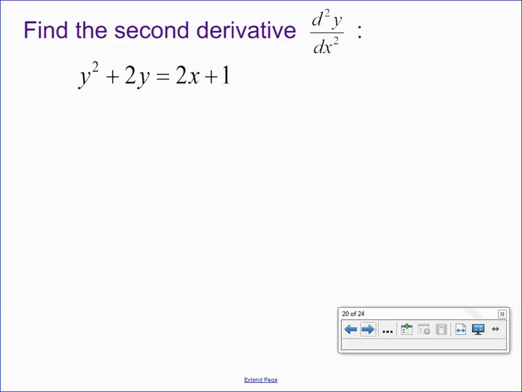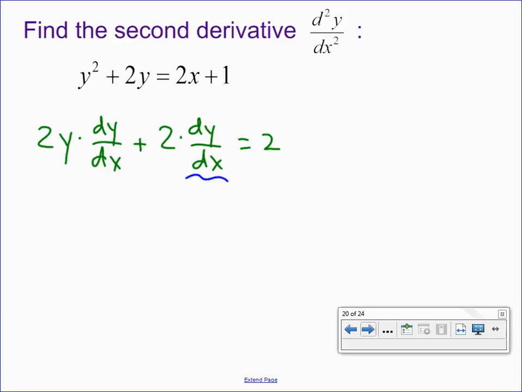Again, term by term differentiation. Factorization of our common factor. A solve by division.